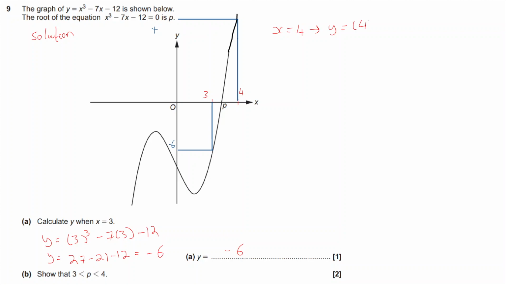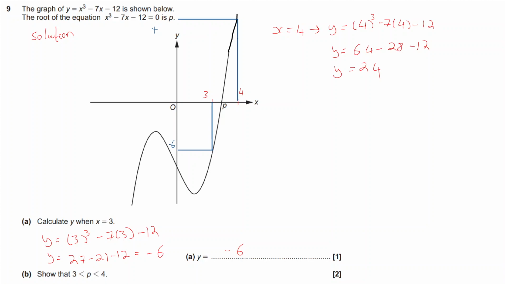Well, x is now 4, so 4 cubed minus 7 times by 4, take away 12, so y is going to be equal to 4 cubed is 64, take away 28, take away 12, and this gives me 24. So when you put x is 4 into the cubic equation, you get out a y value of plus 24.